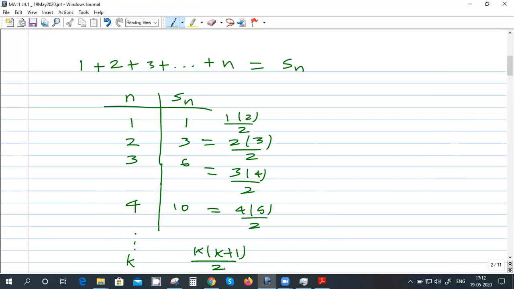Another way is, suppose someone says, okay, you are checking for the first few numbers, how can you be sure this is true for a large value of k? For that, one method I'll say is, for k, assume that this is true.